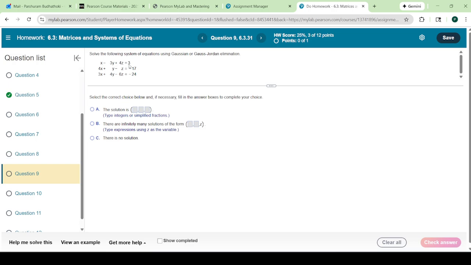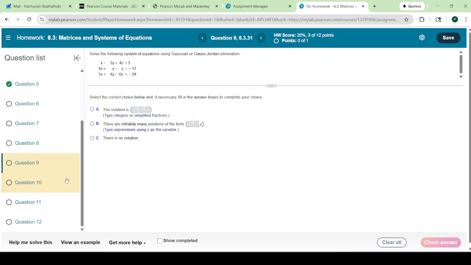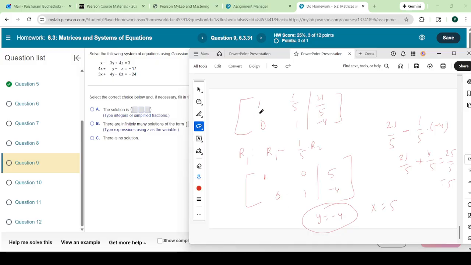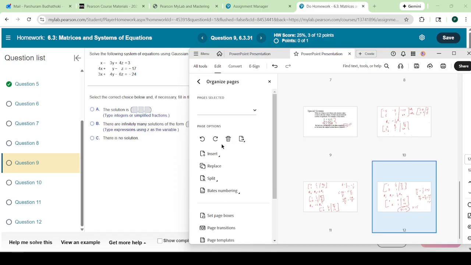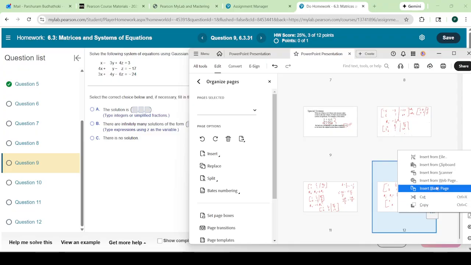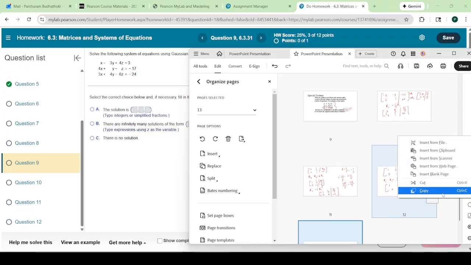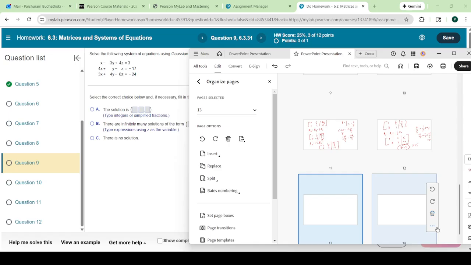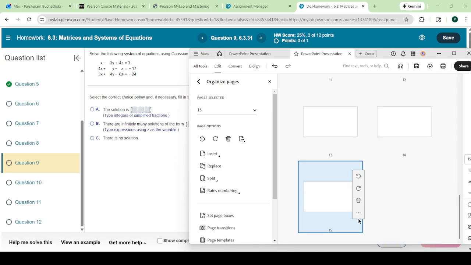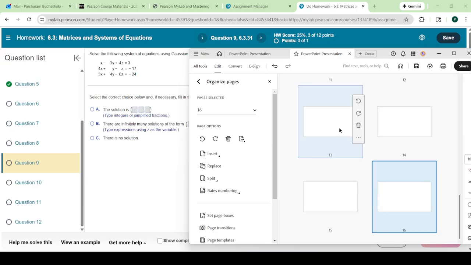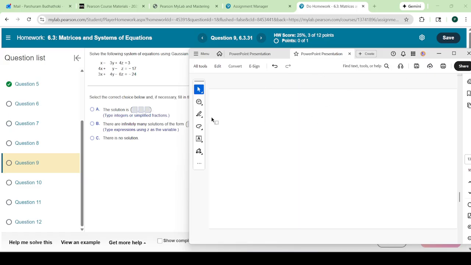Okay, let's do one more problem in 3 variables. I need more pages here. Okay, let me just copy this.